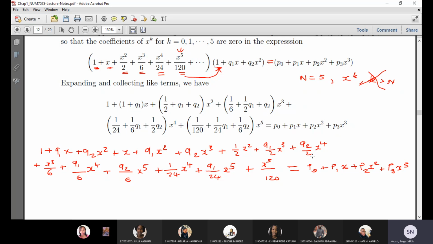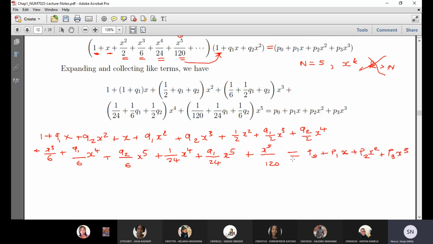Now we group all these terms, right? We group them because this is a polynomial of degree 5. So we group all these terms. Oh, sorry. Yeah, it's up to 3.